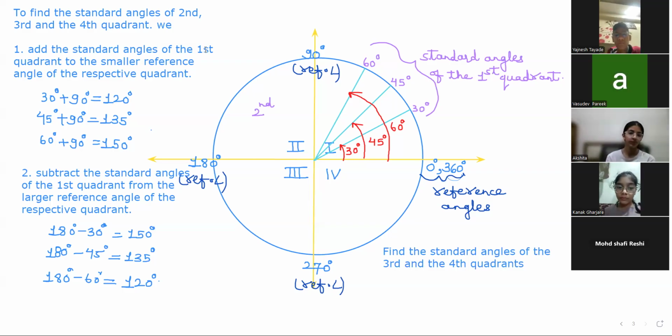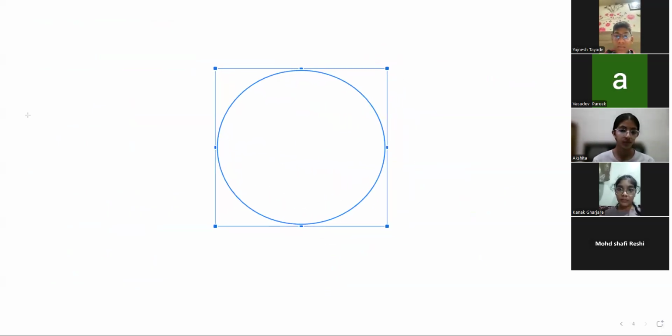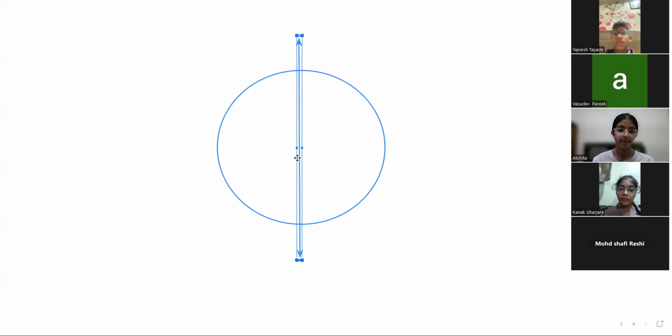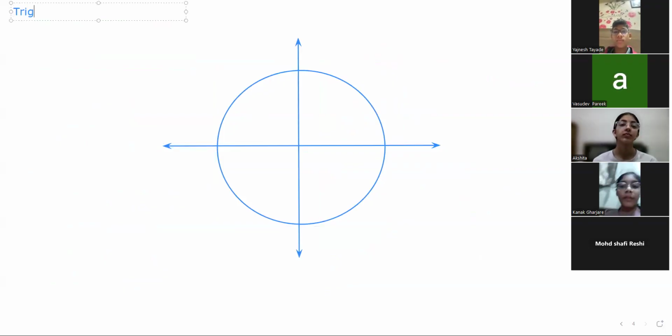Great. So all of you have noted it. Let's move ahead to the next part of the quadrants only. So we are discussing more on quadrants now. As I said, when we divide this circle into 4 parts, we get quadrants. Now there is one very important property of these quadrants. Before I write anything, I'll tell you something about trigonometric values.